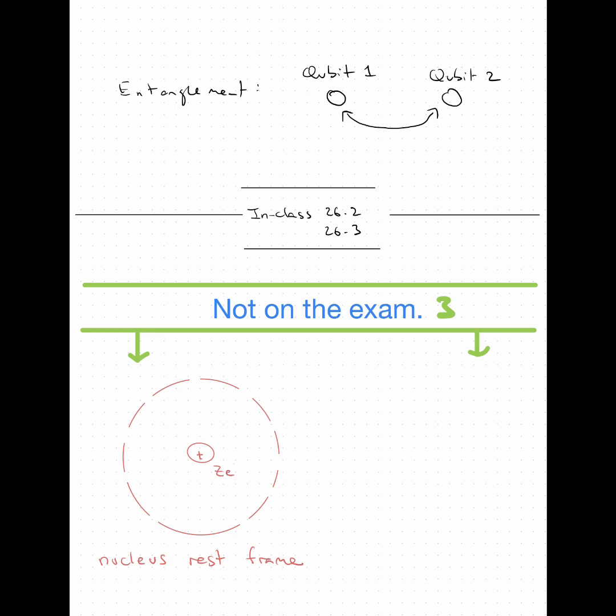The nucleus has charge plus e, and the electron is moving around in its orbit. Okay. Actually, let's put this picture on the next page.